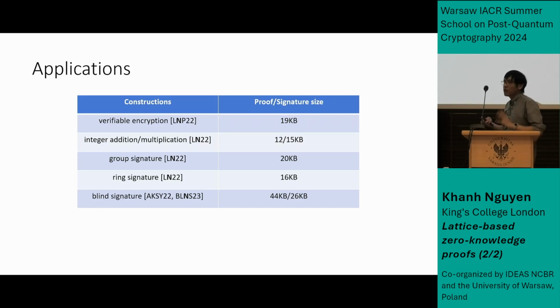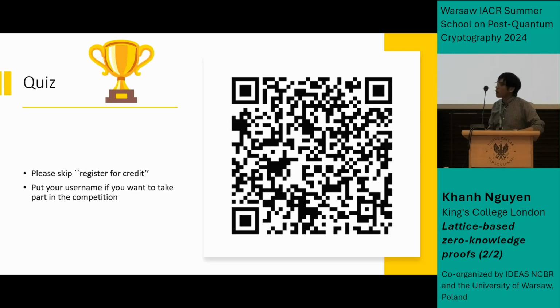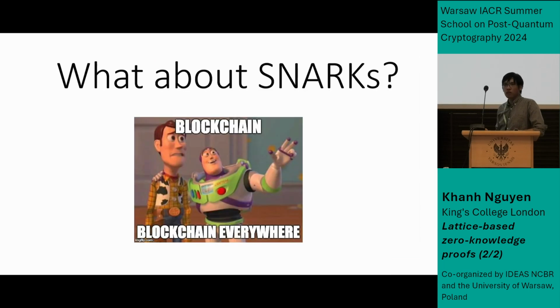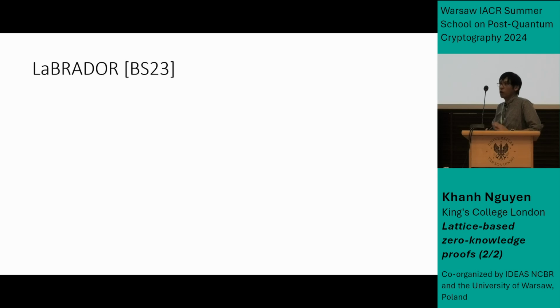And from this we can build some nice applications like integer addition, multiplication, verifiable encryption, blind signatures, ring signatures, and so on. So these exact proofs are very useful for this type of application.